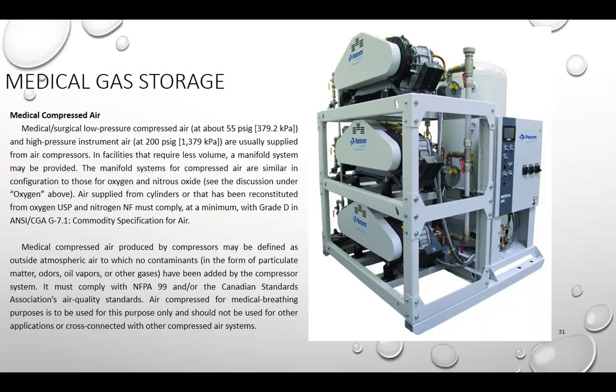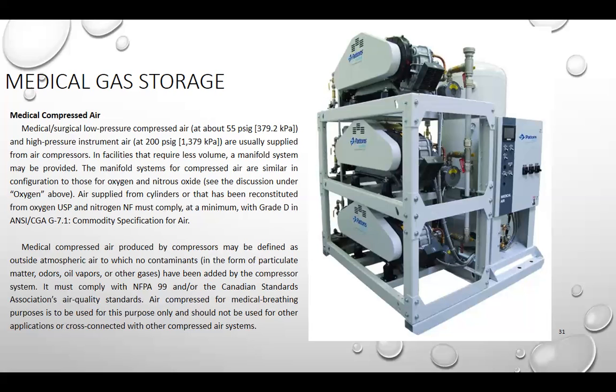The manifold systems for compressed air are similar in configuration to those for oxygen and nitrous oxide. Air supplied from cylinders or reconstituted from oxygen, USP, and nitrogen must comply at minimum with Grade D of ANSI CGA G7.1 commodity specification for air. So just check that.